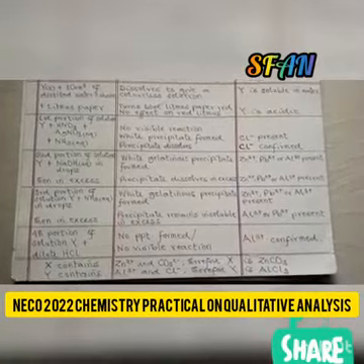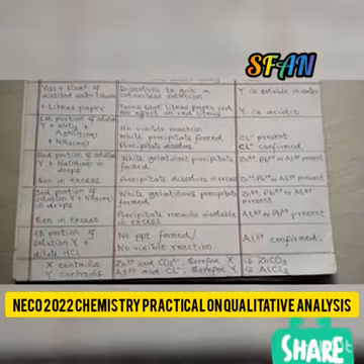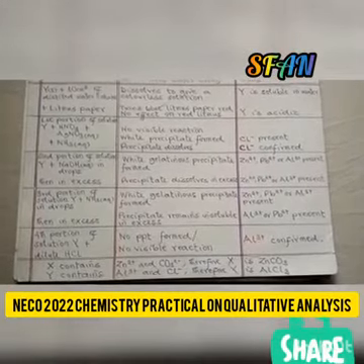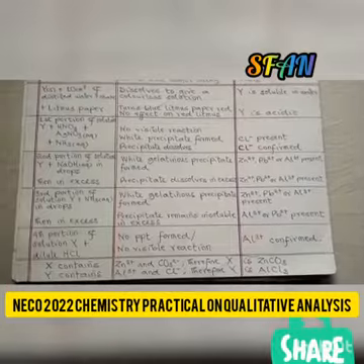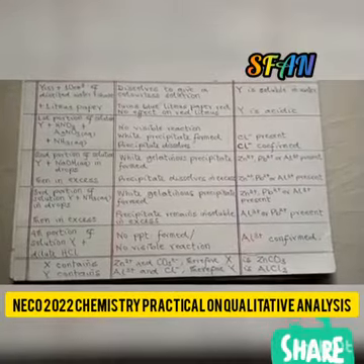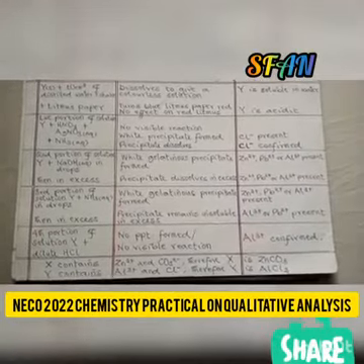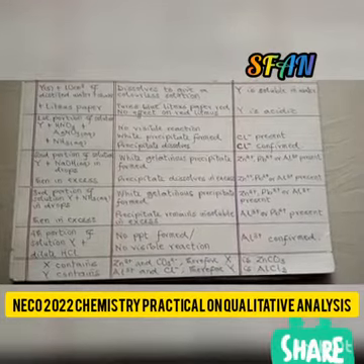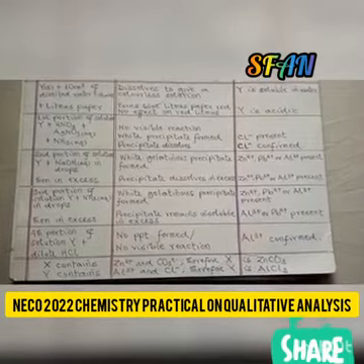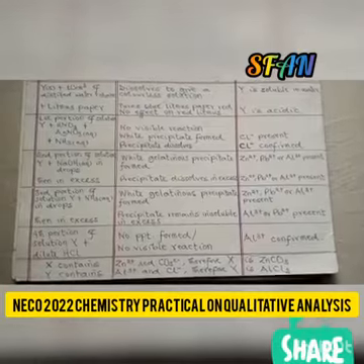Then to the third portion of solution Y, we added aqueous ammonia in drops and then in excess. On addition in drops, we observe that a white gelatinous precipitate is formed, and our inference is that Zn²⁺, Al³⁺, or Pb²⁺ is present.